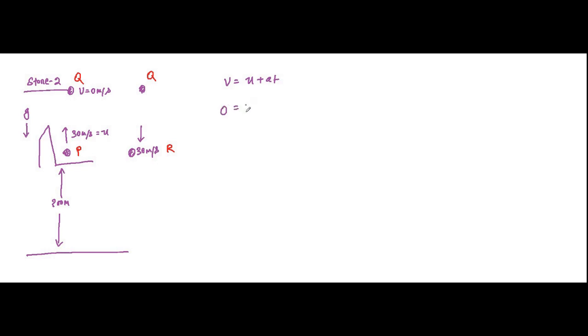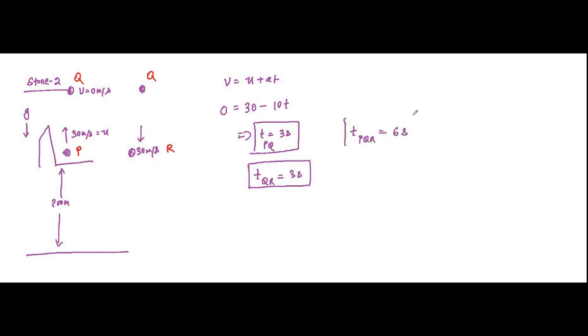Final velocity 0, initial velocity 30 minus 10t, that implies t is equal to 3 seconds from P to Q, and again from Q to R will also be 3 seconds. Time of ascent is equal to time of descent. So T_PQR will be equal to 3 plus 3, 6 seconds.